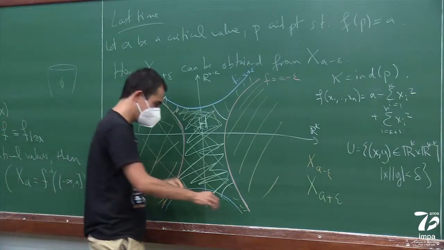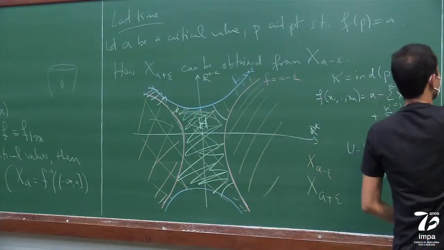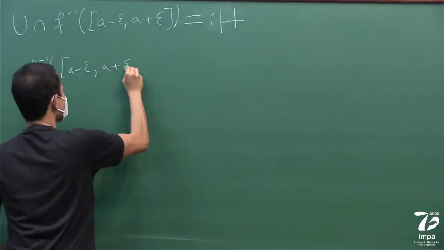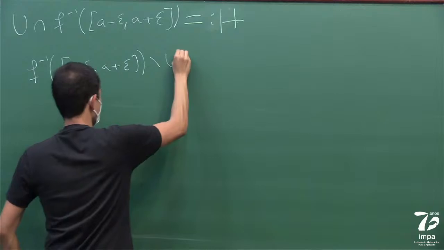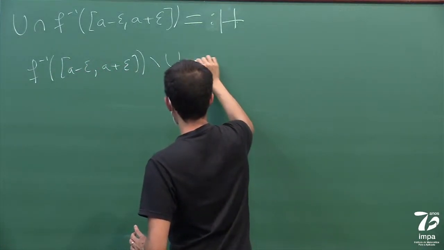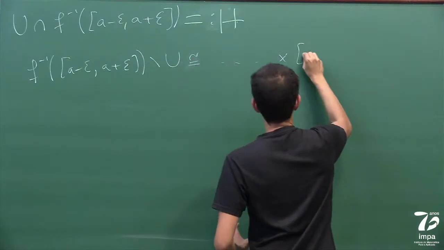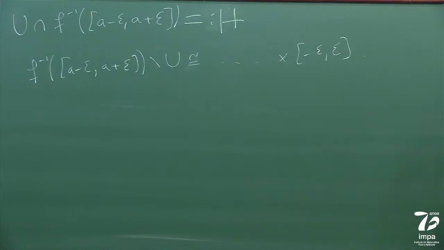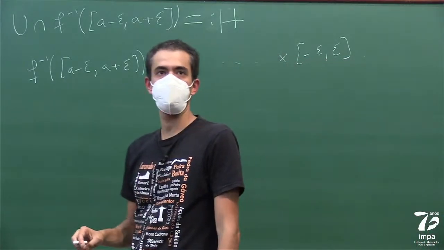So we know that when you look at f, this little piece away from U is diffeomorphic to something times minus epsilon epsilon, by the same argument of the proposition before.